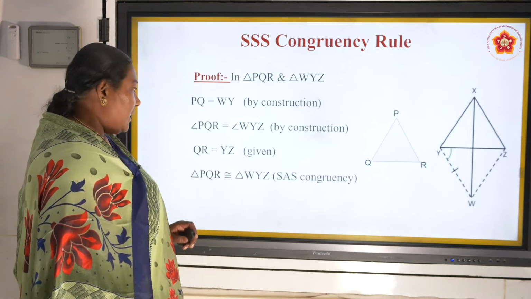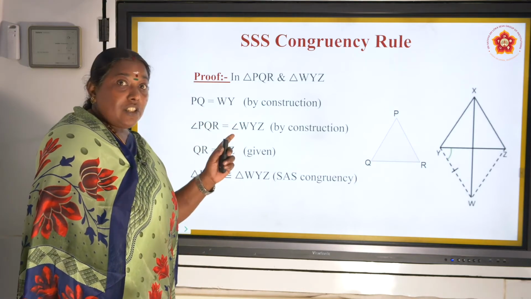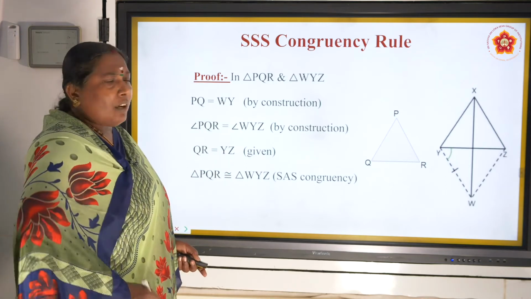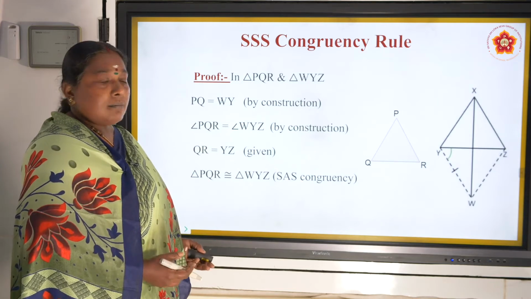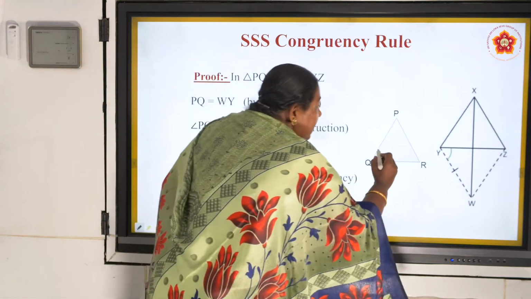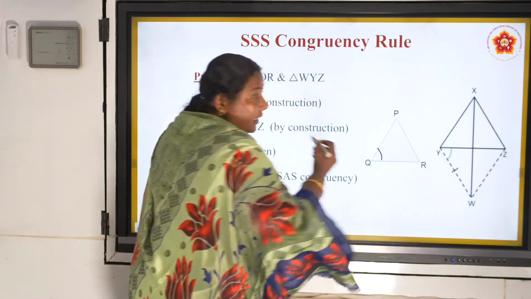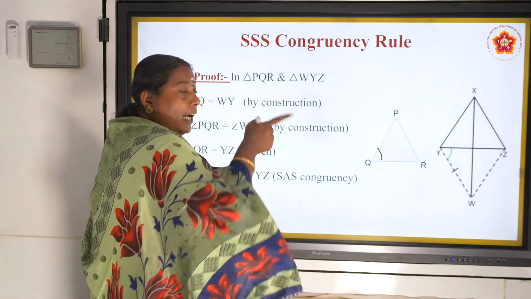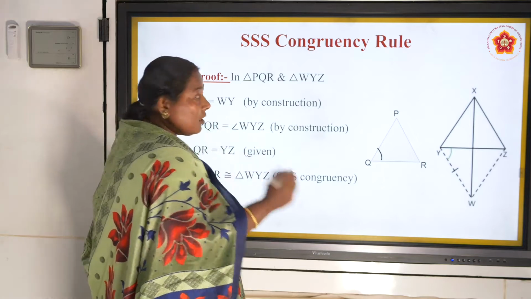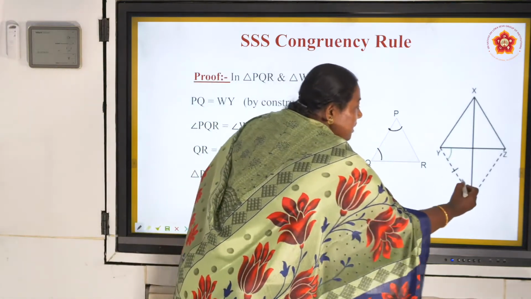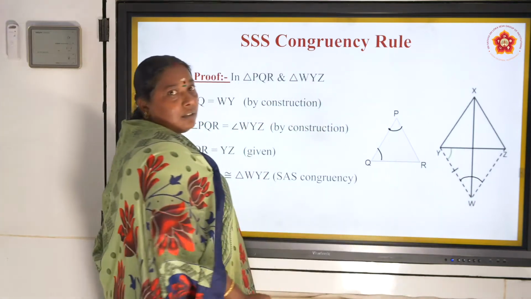On the basis of SAS, I am telling that my given triangle and my constructed triangle are congruent. So from this, what are we going to tell? If these Q and Y are equal, I have constructed them; the other two angles are there, right? So I can compare that now. So my P becomes W, right?